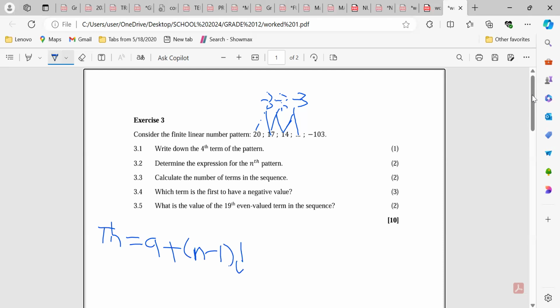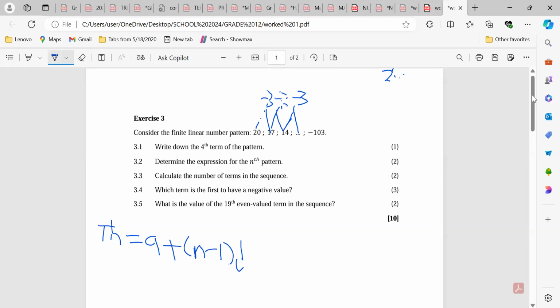Then fourth term. This fourth term. You can write here, and then you can go down.